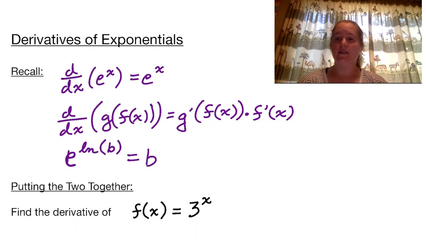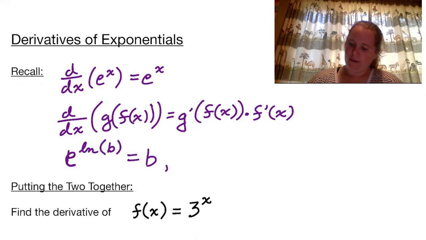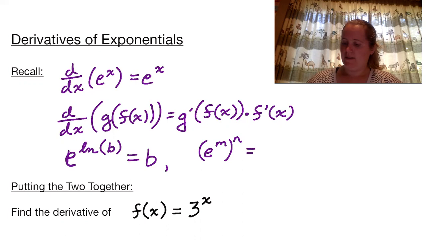Natural log and e to the x are inverses of each other. And then we're also going to take advantage of the fact that if we raise e to one power followed by another power, that's the same thing as e raised to the m times n.